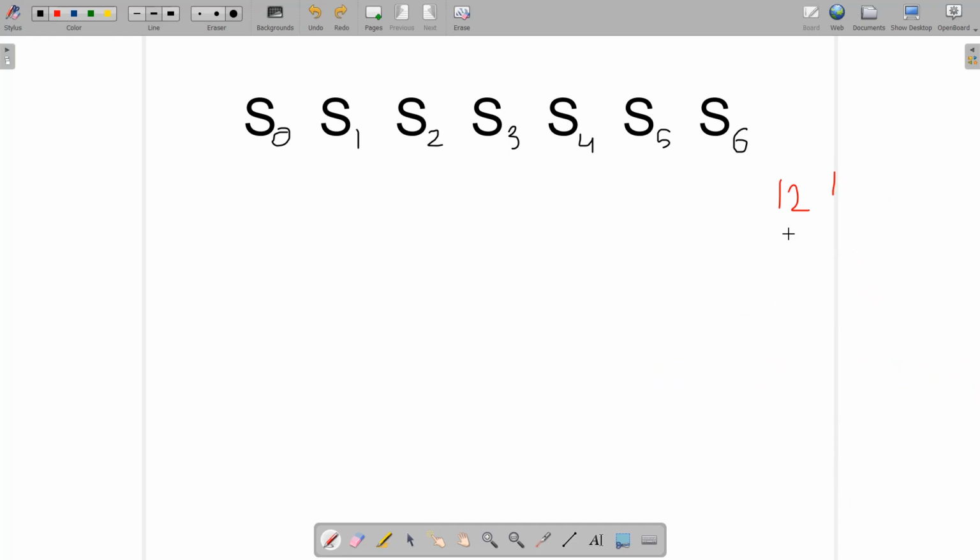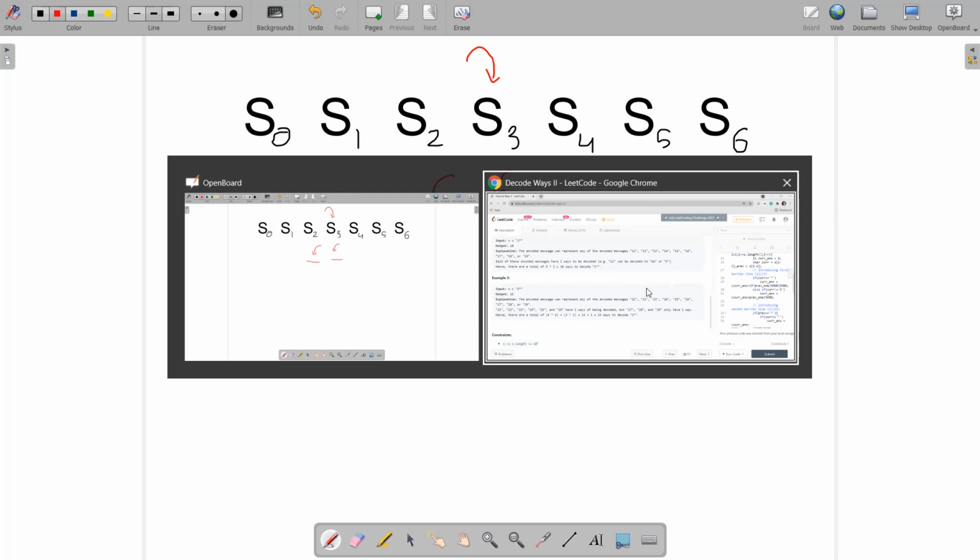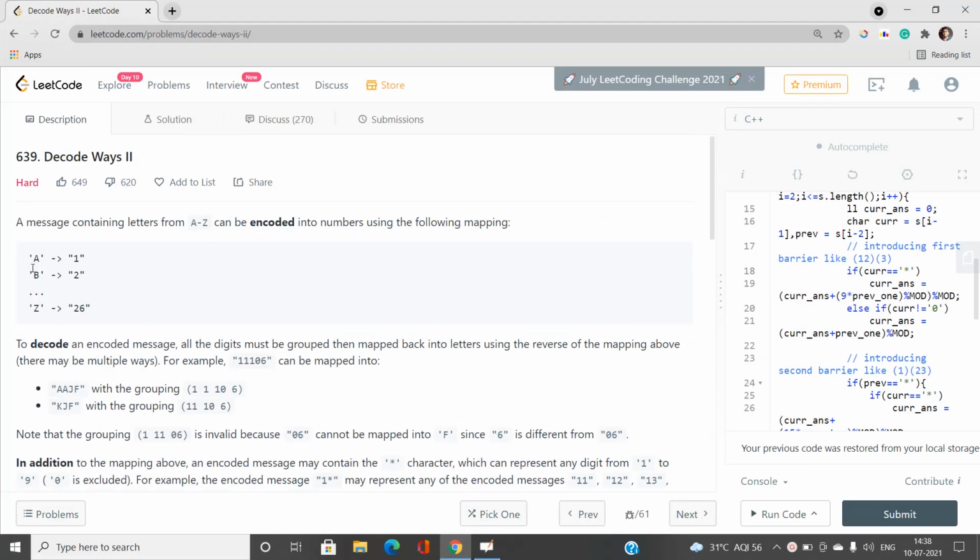Okay, so it is done. Now consider that for any particular state, there can be any character, this one or this one. Any mapping sequence is of length 1.